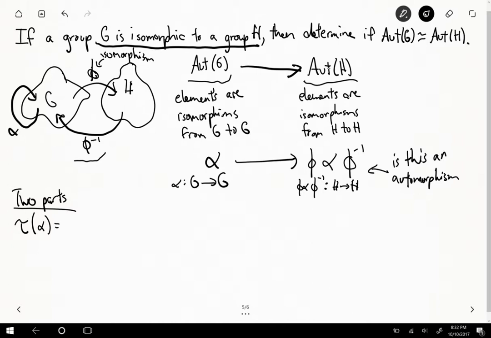Tau of alpha, well actually we can kind of get through this, equal to phi alpha phi inverse. So, and I should write, essentially, is this a homomorphism? Right, and then the other part is, is phi alpha phi inverse an automorphism.